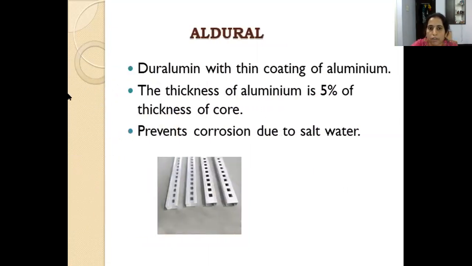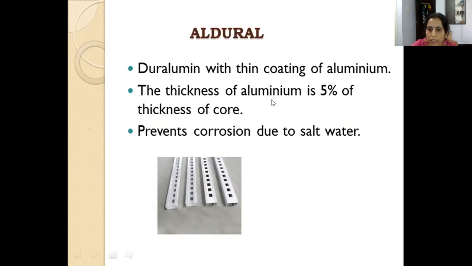The first alloy of aluminum we are studying is aldural. Aldural is also called alclad. So what is it? It is a duralumin with a thin coating of aluminum. Duralumin is also one of the alloys of aluminum. When it has a thin coating of aluminum over it, it is called alclad or aldural.